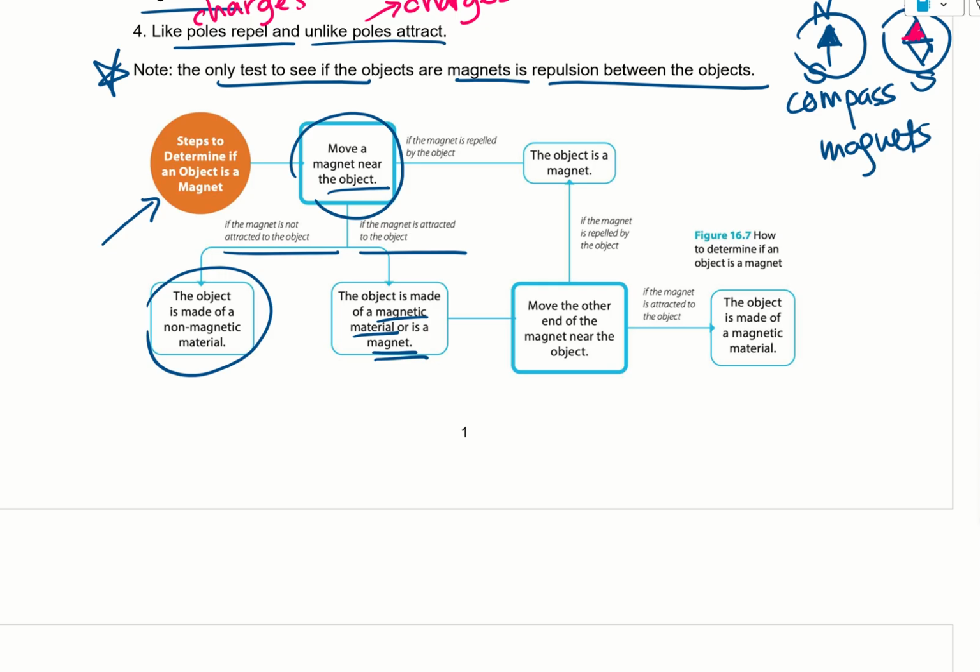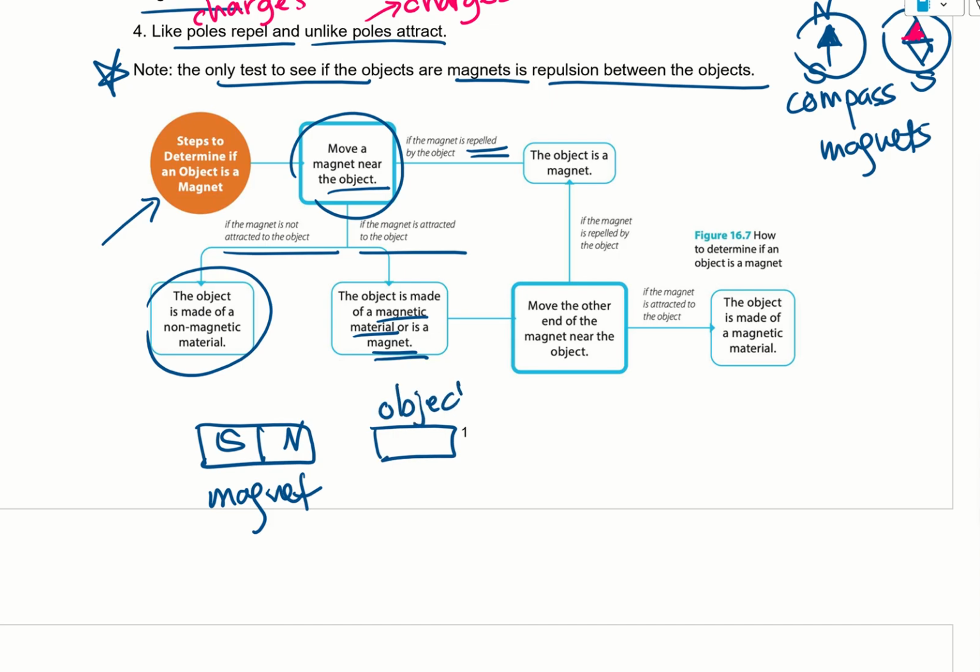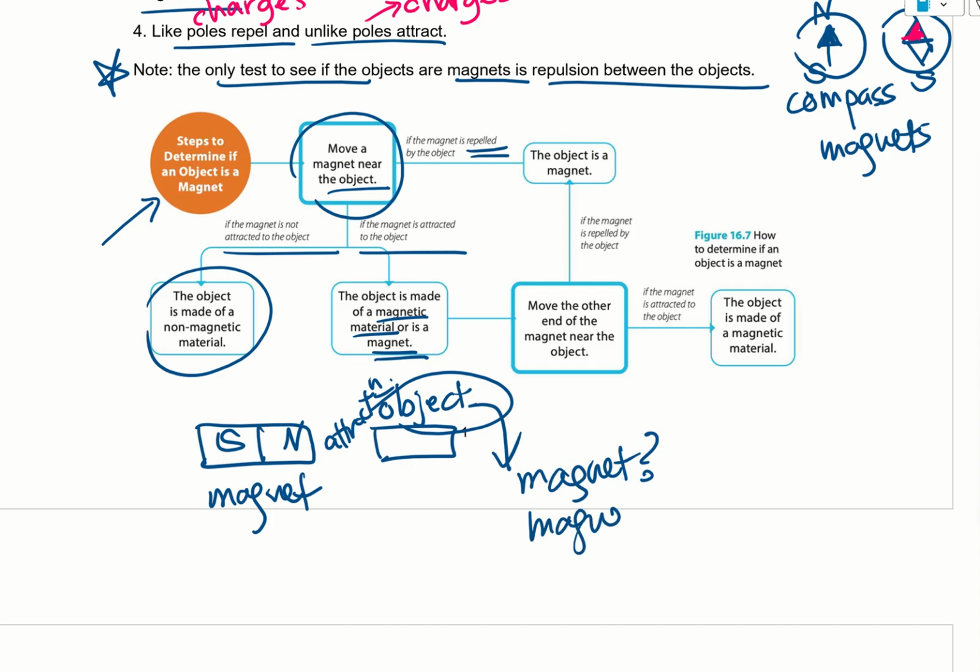Now if the magnet is repelled by the object, that means the object experiences repulsion. For example, I have a North Pole here and a South Pole here. This is my magnet, and this is my object. If it experiences attraction, we cannot be 100% sure whether the object is a magnet or a magnetic material.